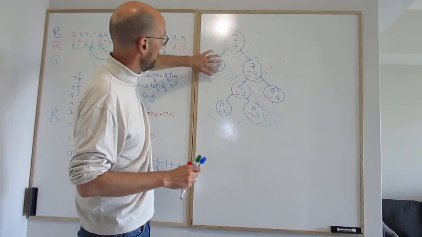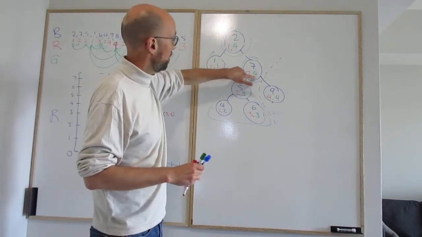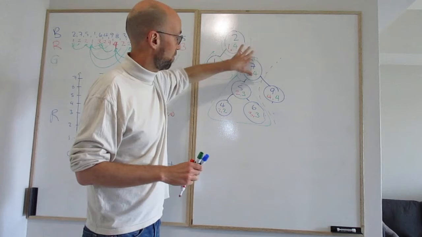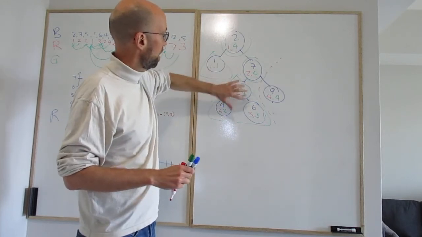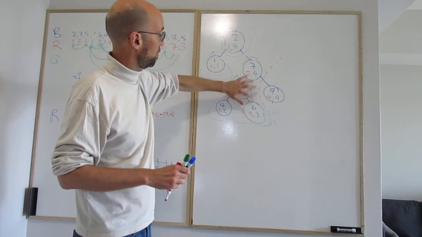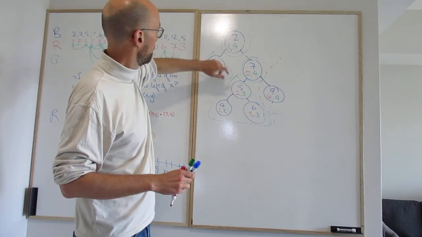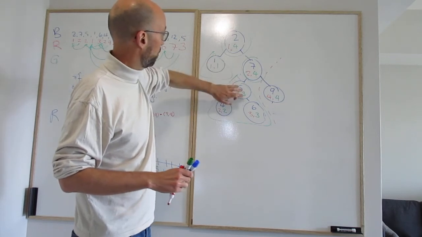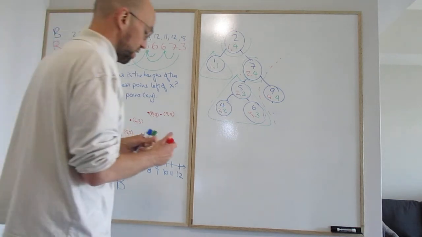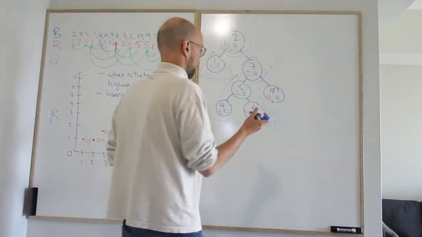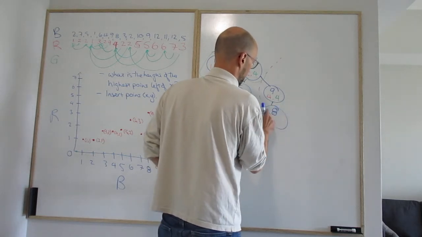But then we take the green one, because this is the max of this whole subtree. We don't take the green 4, because that would include the 9. So we take the 2, and we take the 3, because this 3 is the max in this whole subtree. So the max of 1 and 1, and 2 and 3 is 3. So we're going to put 8 in with a 4, 3 plus 1. So 8 goes in.